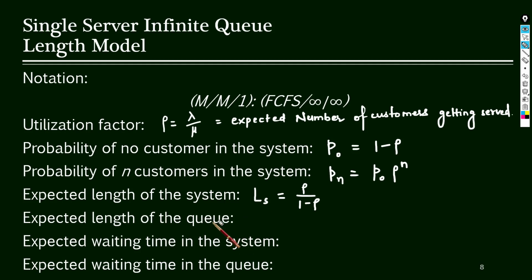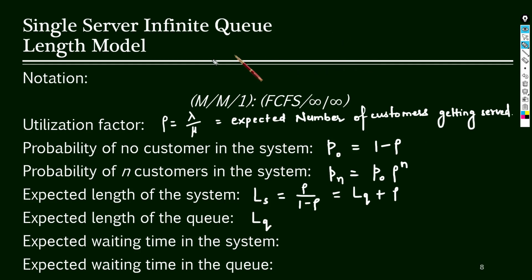Q and system, what is the difference? In the system, the queue length plus the customers who are getting served, both are included. So LS can be written as LQ plus rho, where rho is the expected number of customers getting served.